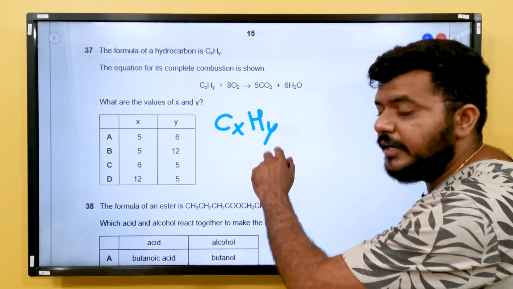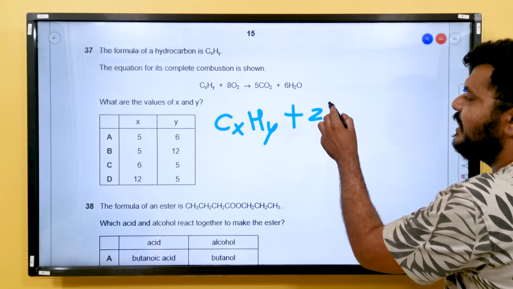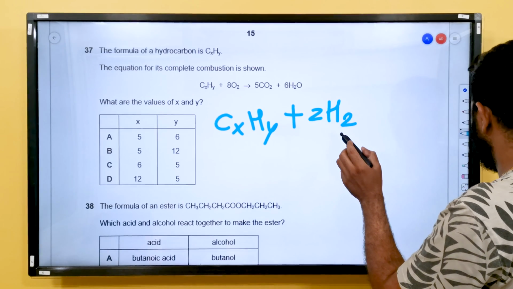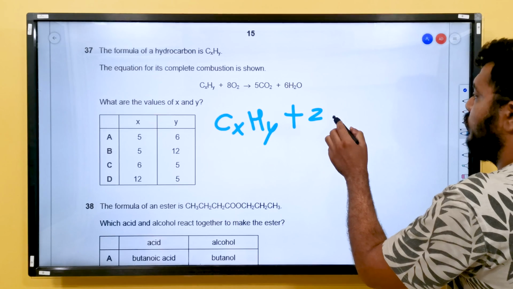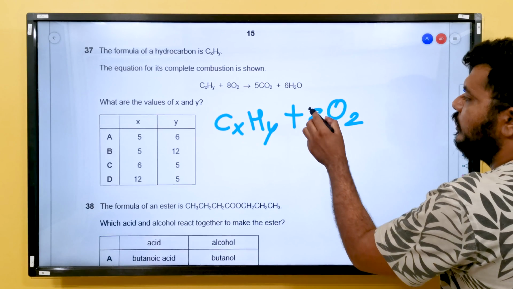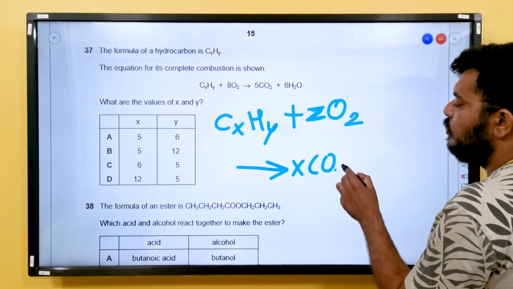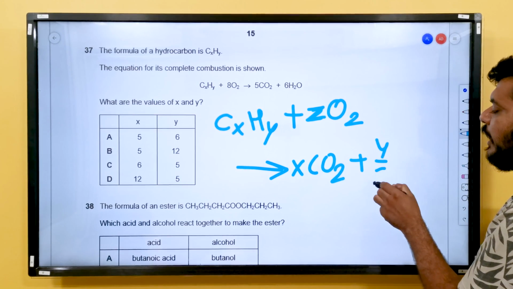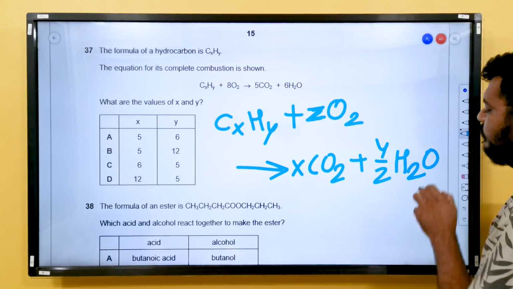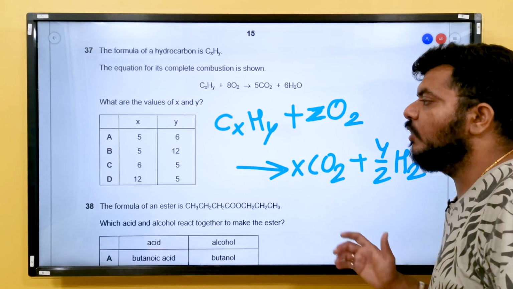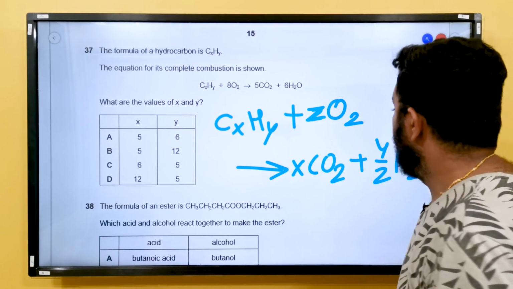If this is your hydrocarbon, CxHy plus z O2 react, this will give you x CO2 and y by 2 H2O. This will always be followed when a hydrocarbon is combusted.